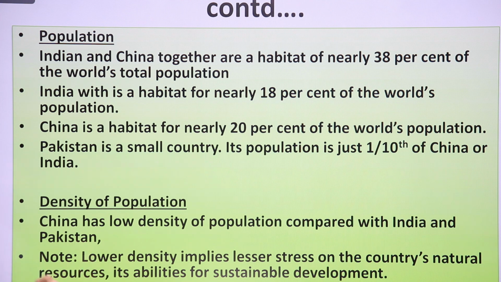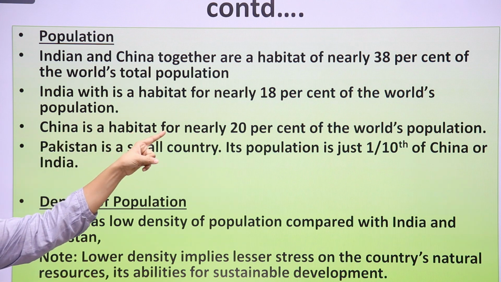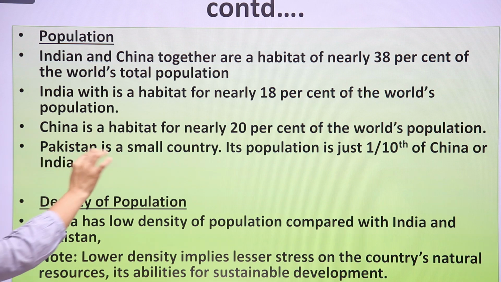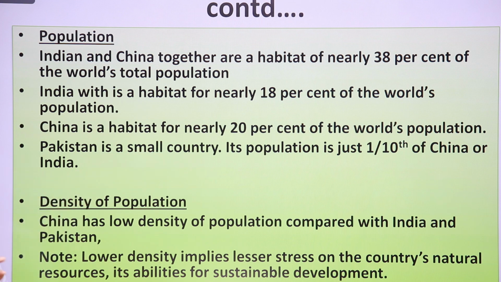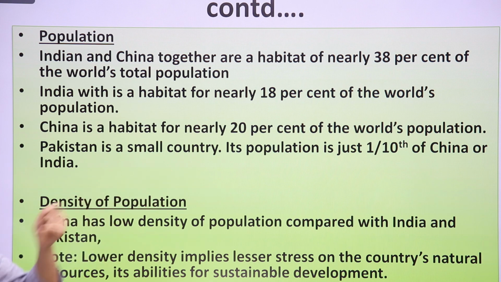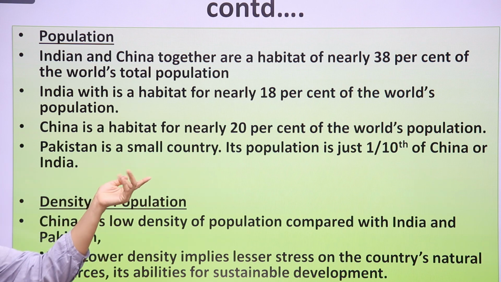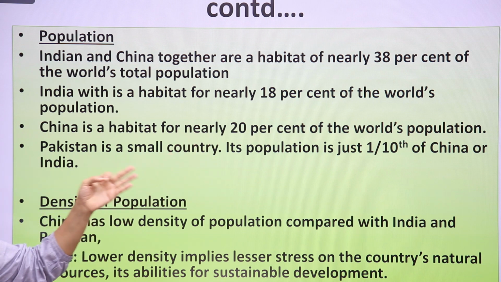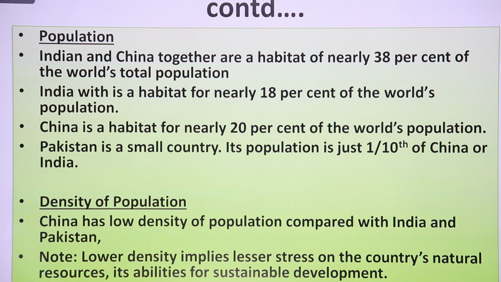India is home to nearly 18% of the world's population, and 20% of the world's population lives in China. And Pakistan is a small country, its population is one tenth of China. That means in percentage it is only about 2% of the world's population. Only one tenth of the population of India or China lives in Pakistan.